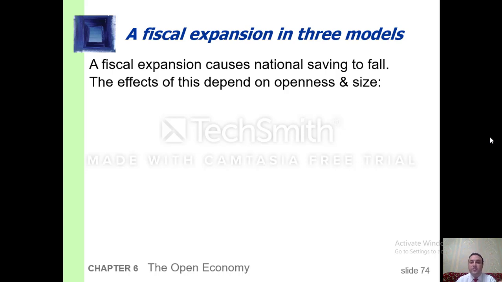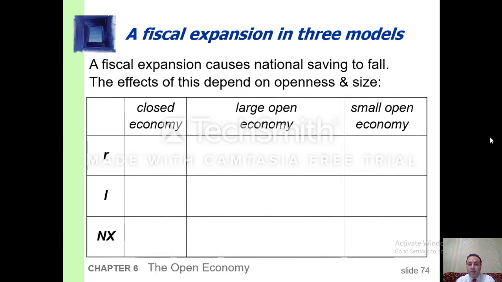What happens when the saving falls according to each of these three models? The effects depend on the openness of the economy and the size of the economy. In the large open economy, it is dynamic. It is about how large this economy is, and how open this economy is.